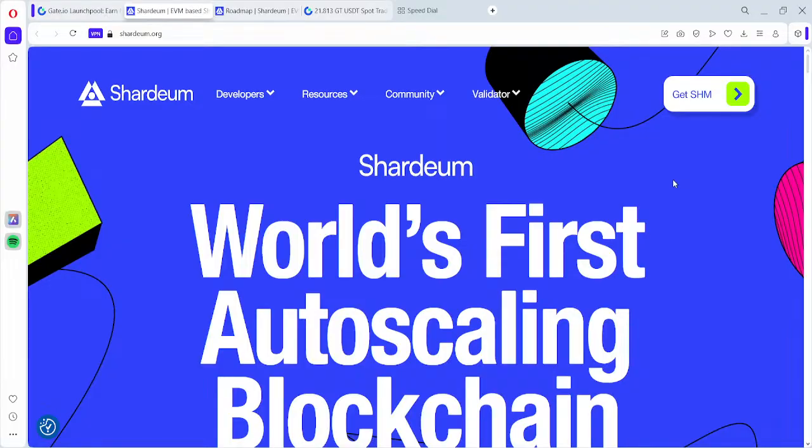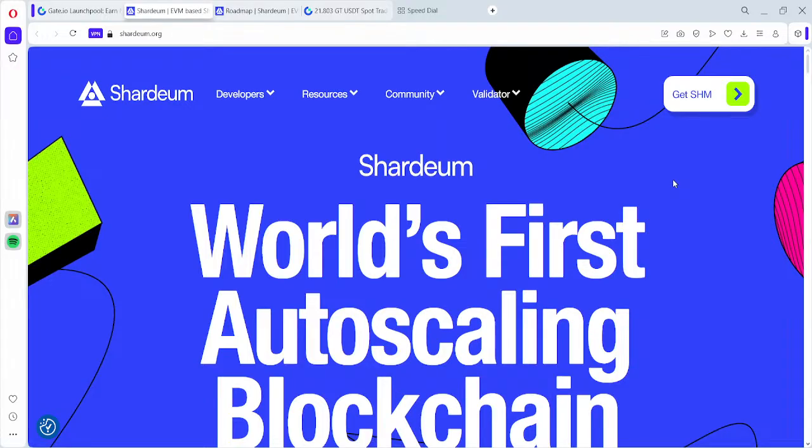So SHARDEUM is an EVM compatible layer one blockchain that uses dynamic state sharding to keep transaction fees lower forever. Why do we need sharding? Because from their side they keep talking about it, right?